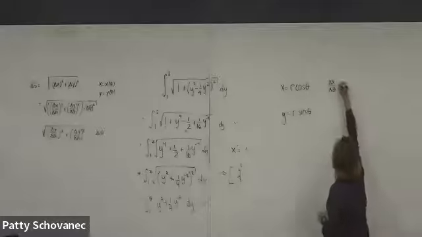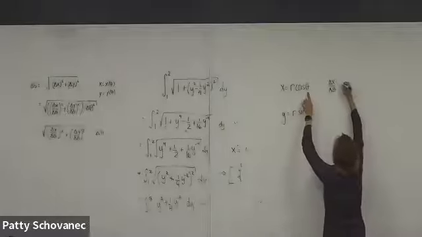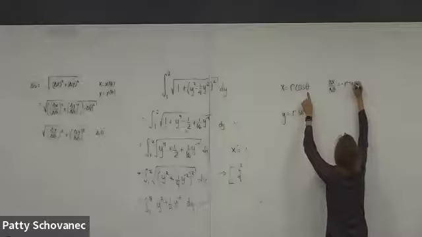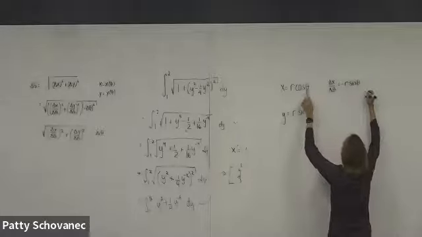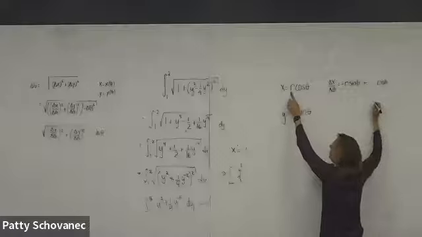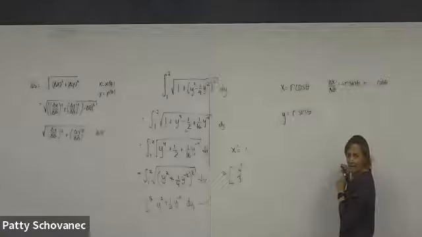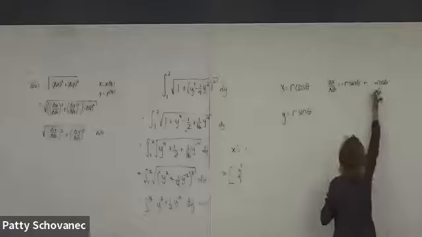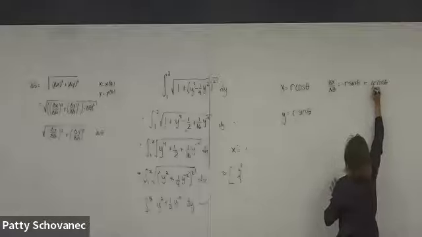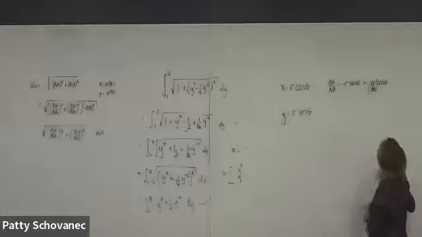So I've got the first times the derivative of the second. Here the cosine is minus the sine of theta, plus the second times the derivative of the first. So then I'm going to get a delta r, delta theta. I'm getting an r prime term.